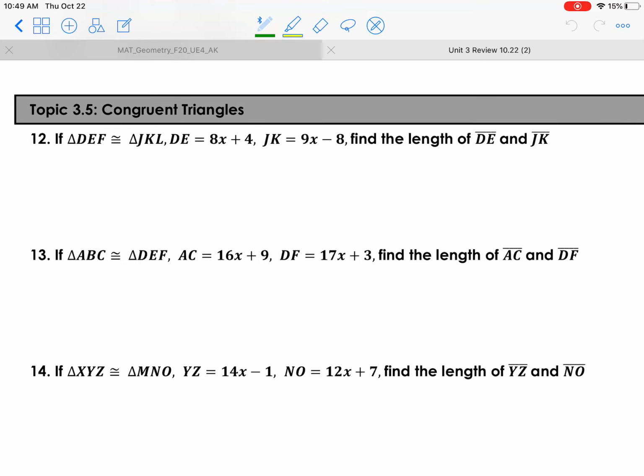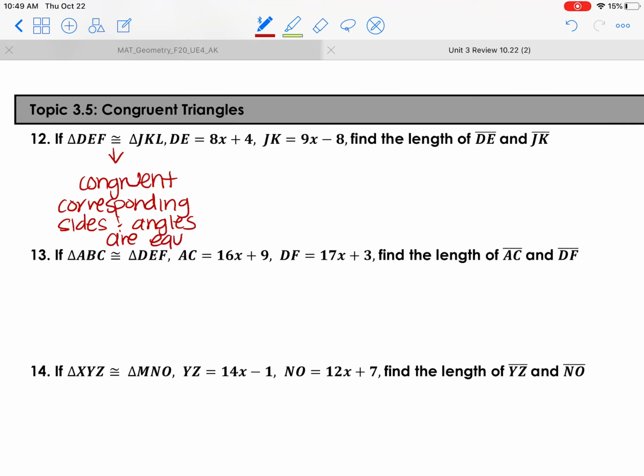Well, here they're telling you that these triangles are going to be congruent. And because they are congruent, then we know that the corresponding sides and angles are congruent, are equal.